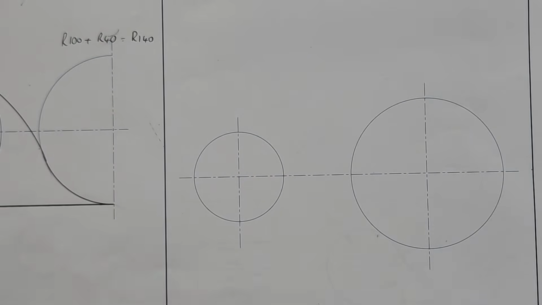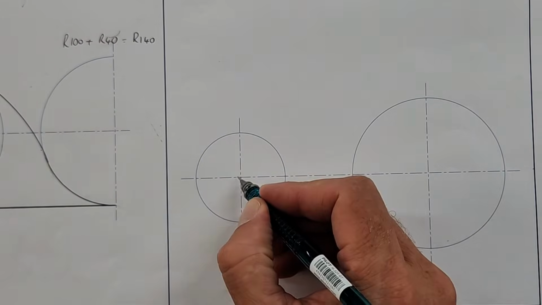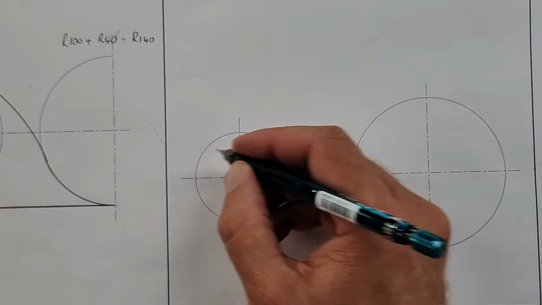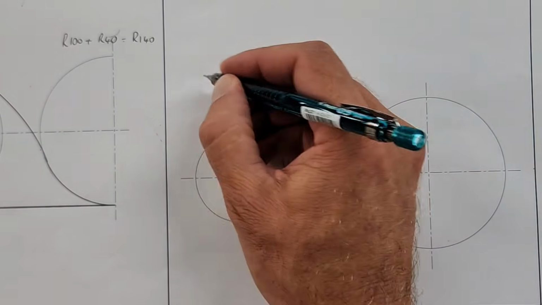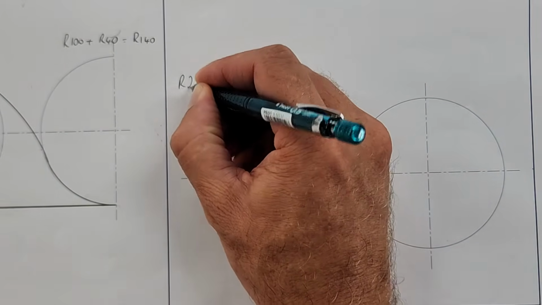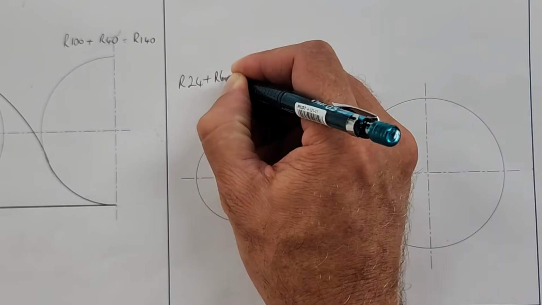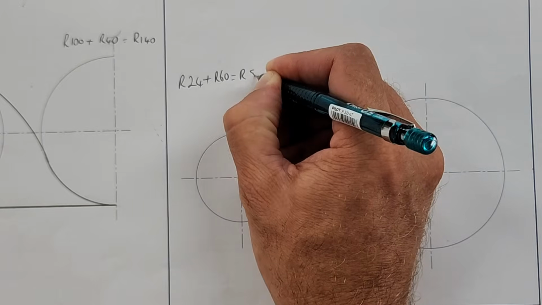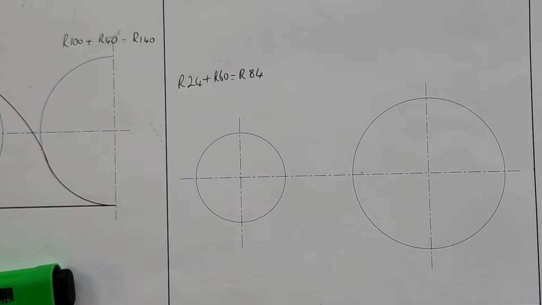Alright, so you're going to come back down here. For the first one, we have a radius 24 plus the radius 60. So let me write it here on the side. Radius 24 plus the radius 60 equals radius 84. Okay, that's for the first one.